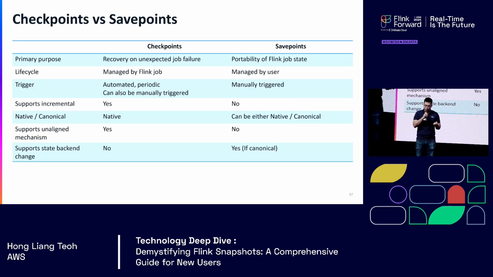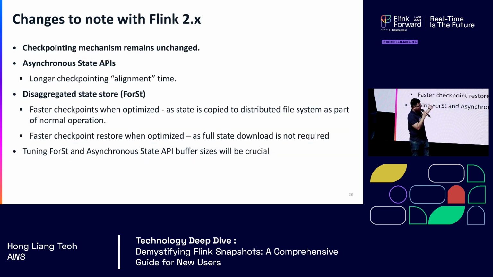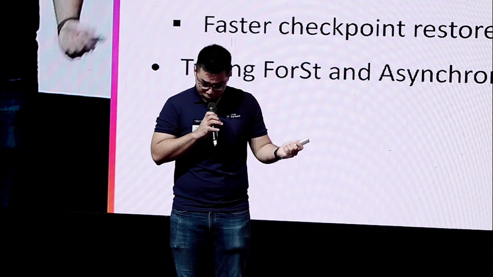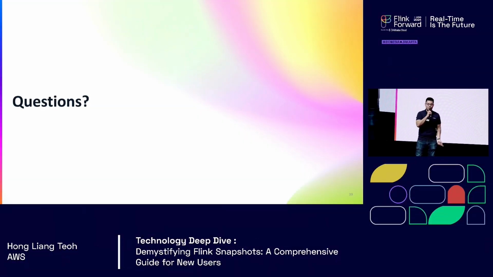And then we've covered a bunch of features that it supports, and also checkpoints versus savepoints, whether it's managed by the job or managed externally. And then we also covered Flink 2 and how it's going to affect this. So hopefully these are things that will be helpful for you if you're running and playing around with Flink, and happy to explain more if you have any questions. So yeah, thank you. Happy to take questions.